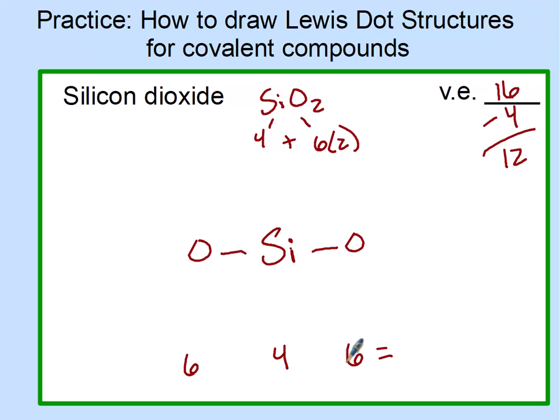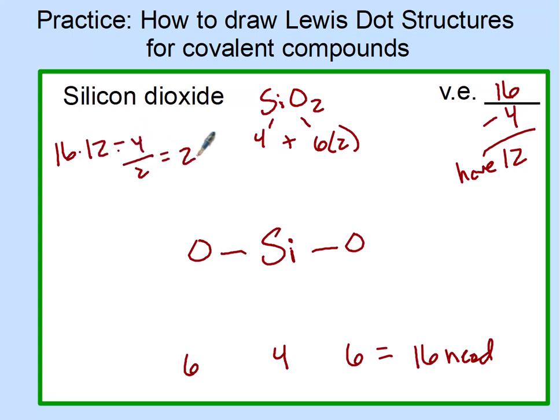So 6 plus 6 plus 4 is 16. So I need 16 and I have 12. 16 minus 12 is 4 divided by 2 means I need 2 more lines.